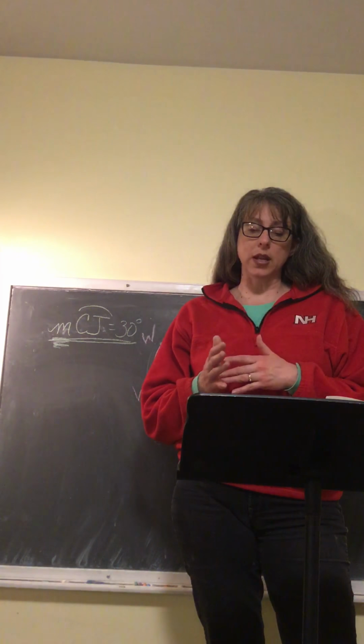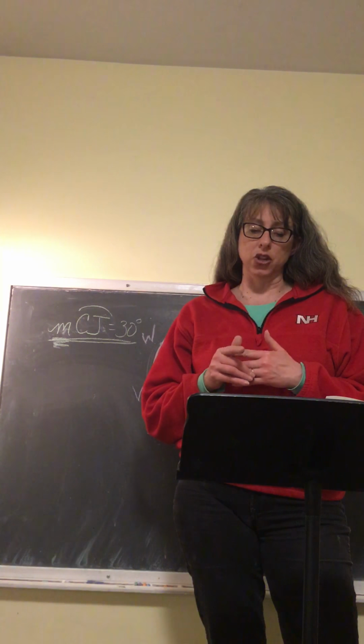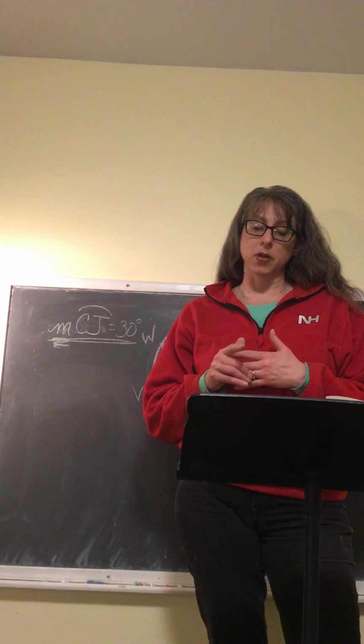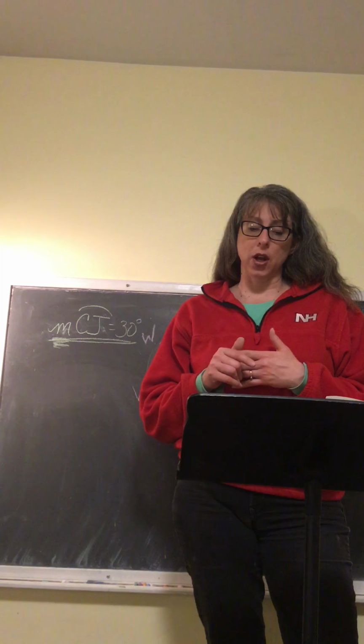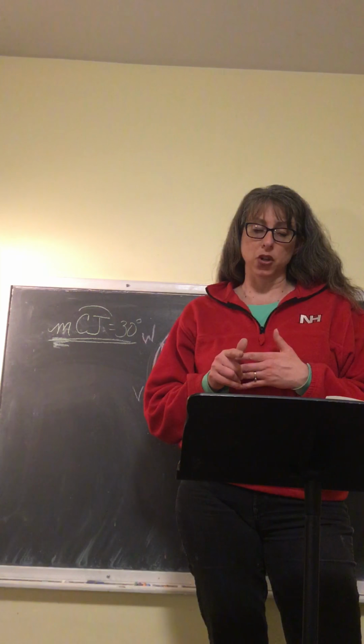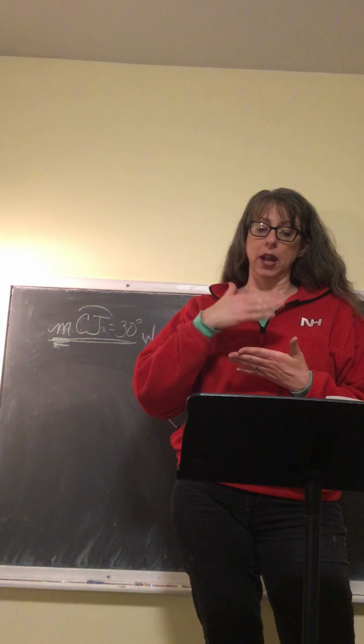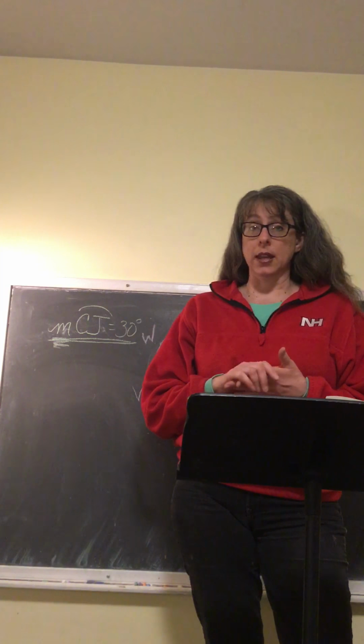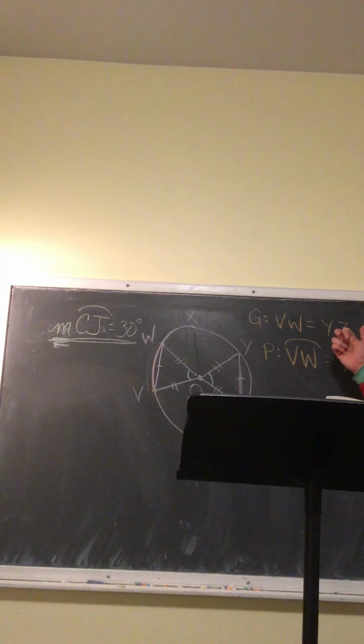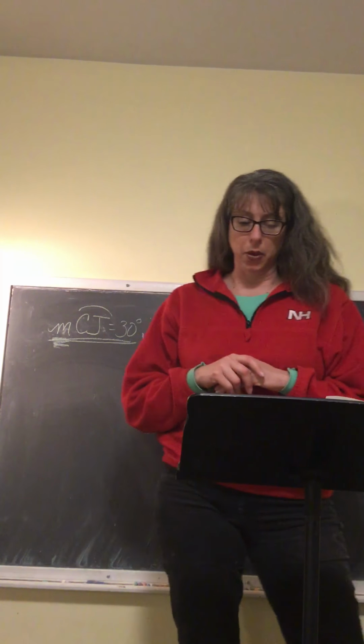Number 16, why is the measure of arc AJ plus the measure of arc JB equal to the measure of arc AJB? And that is the arc addition postulate. I don't have that up here anymore.